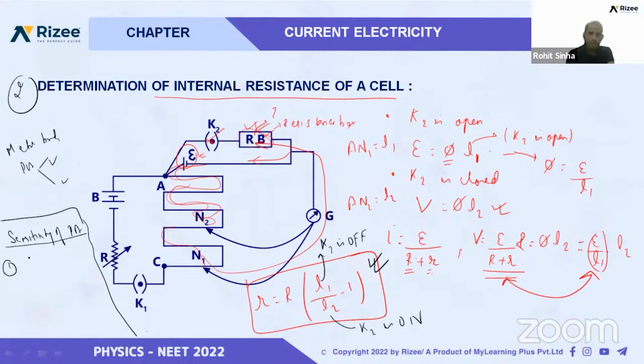First, we have to increase this value of potential drop phi. Second, we decrease the current value by using a resistance box. These two things we usually do.